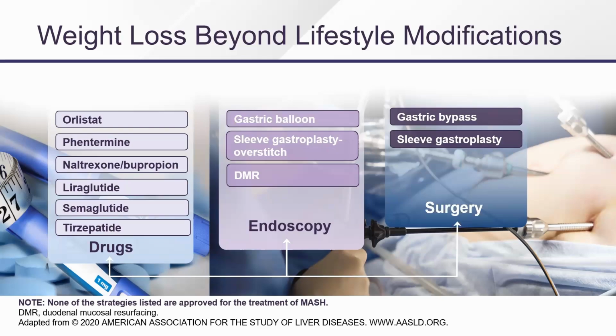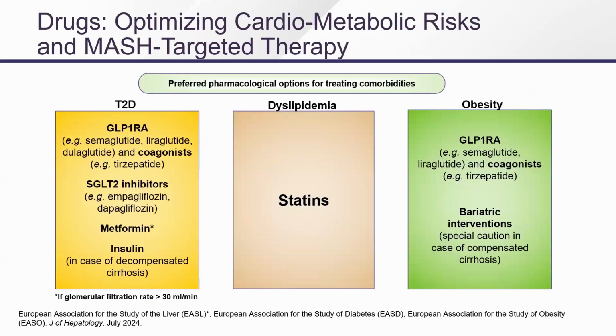In the middle, we have moderately invasive interventions such as gastric balloon, sleeve gastroplasty, and OverStitch, which is an endoscopic intervention, and duodenal mucosal resurfacing, which basically causes malabsorption of calories and helps you lose weight that way. They all do help with weight loss, but we do have to recognize that none of these are FDA approved specifically for treatment of MASH.